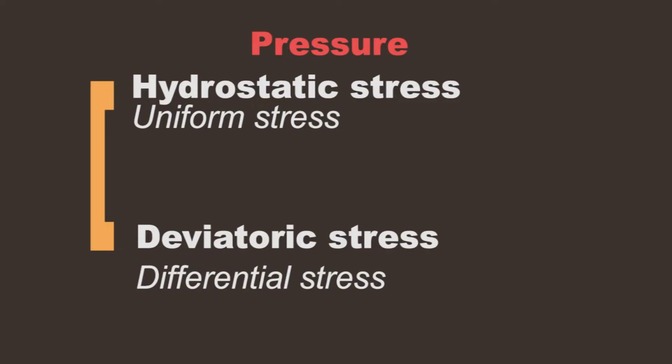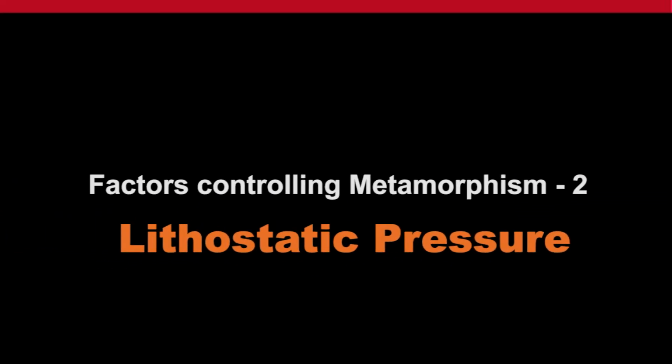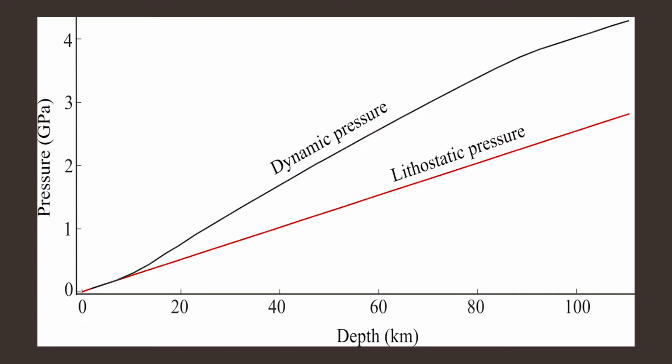We can divide the pressure into two types. First, hydrostatic stress or uniform stress. Second, deviatoric stress or differential stress. Lithostatic pressure is the most important variable because most metamorphic reactions are to some degree pressure sensitive.